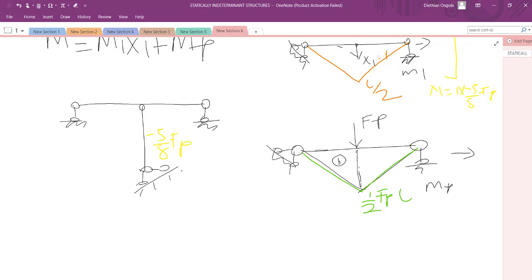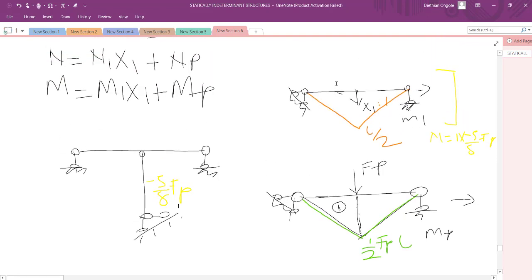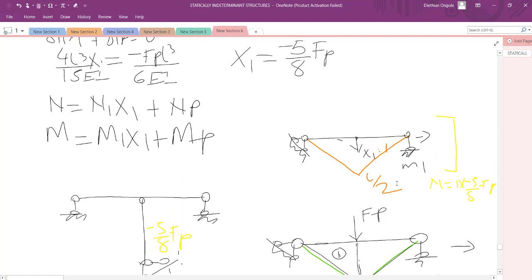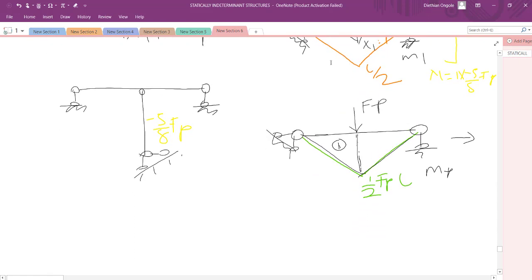Then we come and look at the moments. From the M1 diagram, I get the value of L over 2 as the moment, then I multiply it by negative 5 over 8. So I would be getting a value of negative 5 over 16 FPL.